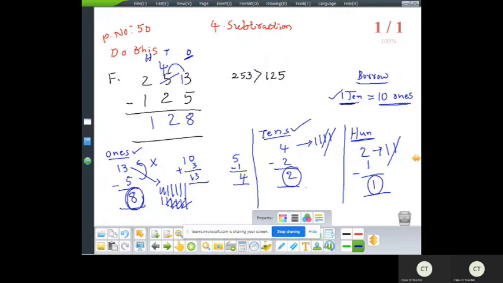Now we are going to learn statement problems, that is page number 46. Dear students, all of you open your maths textbook. Page number is 46.